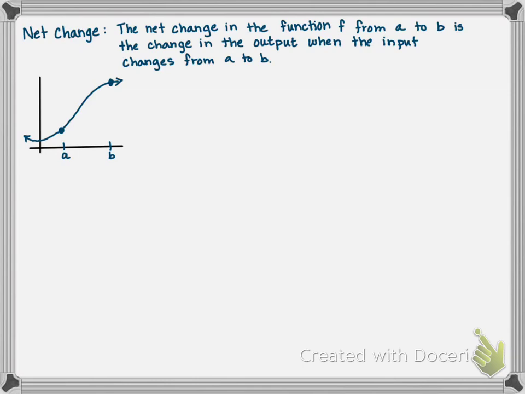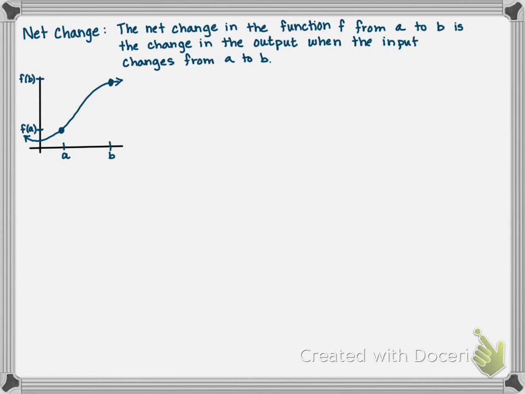And the y value of each point is just the output of the function corresponding to whatever input the x value is, right? So this y value is going to be the output of the function f that corresponds to an input of A. And this y value is going to be the output of the function f that corresponds to an input of B.